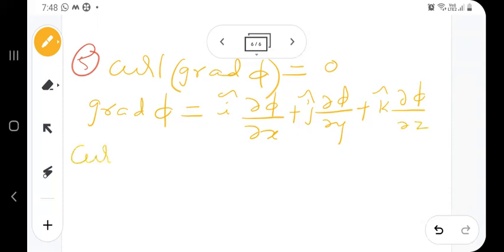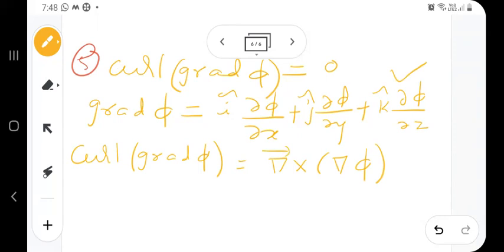Now consider curl grad phi. Curl grad phi is equal to del bar cross del phi. Here del phi, which is grad phi, is one vector and del is another vector. Del bar cross del phi, you have to do.